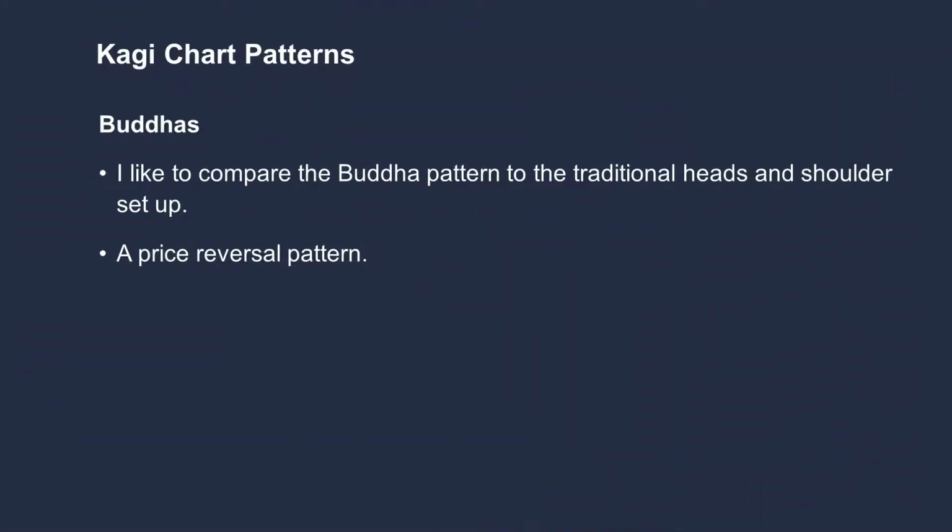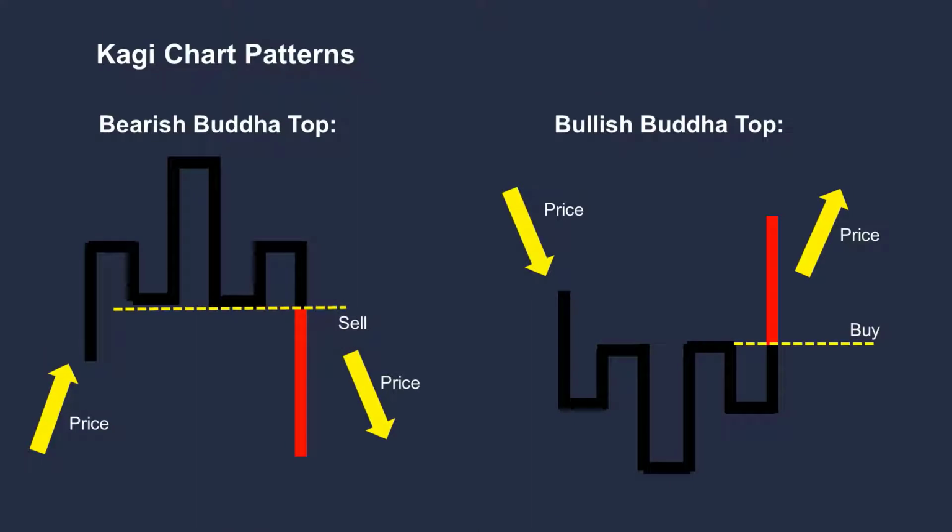Now the greatly named Buddha pattern is very similar to the traditional head and shoulders setup that you're probably used to on a bar or candlestick chart. It's a price reversal pattern, so let's have a look at how it works. On the left we have a Buddha top. What does that mean?